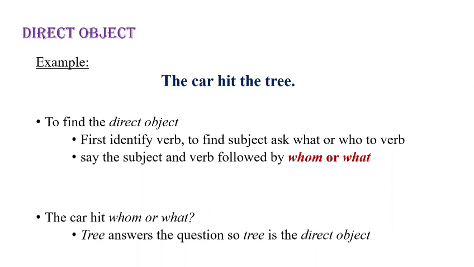How can we identify the subject and direct object in a sentence? You have to remember one basic formula. First of all, you have to pick the verb.